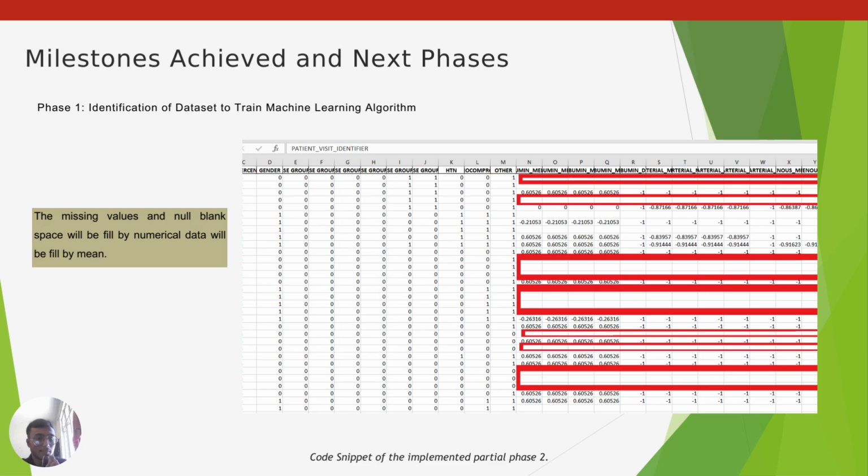So in order for machine learning to understand and train on them, it will fill in the blanks using numerical values, calculated as the mean. The mean is from the calculation of statistics. The red highlight is the empty value, non-existent in the original data.